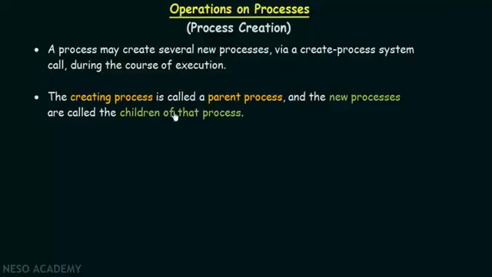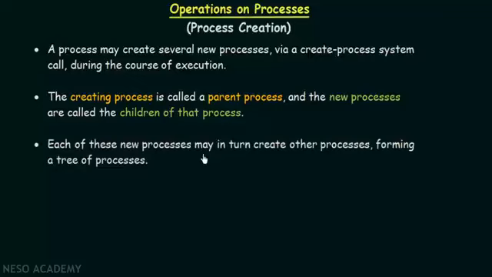The process that is creating the other processes is known as the parent process, and the processes created by the parent process are known as the children of that process. From the name itself, it is easy to understand.